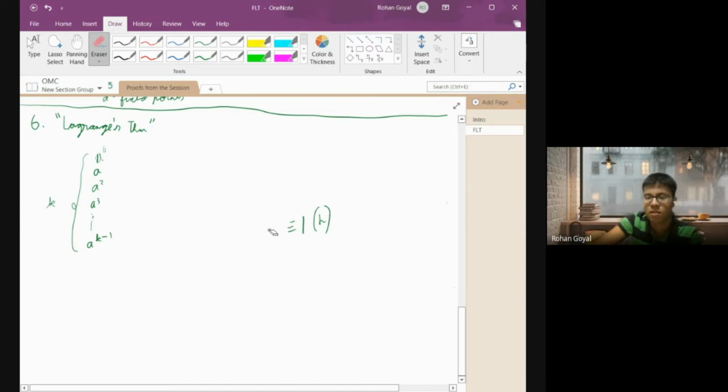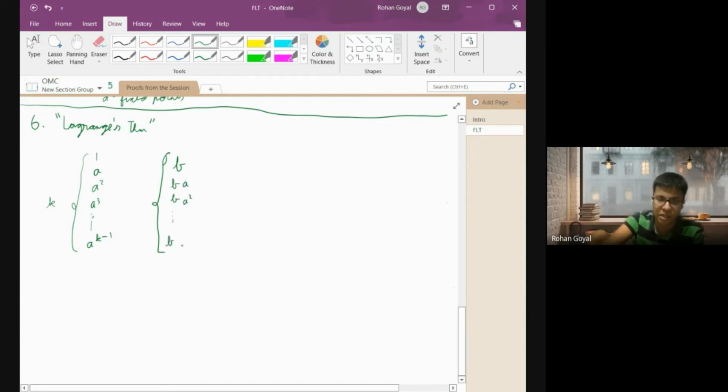So what I do is try to make sets which are roughly of this form, 1, a, a squared. But I can't do that exactly. So I consider sets which are just one small thing multiplied in the beginning, b, ba, ba squared, and so on up till ba to the k minus 1.